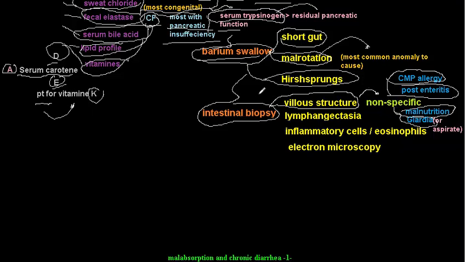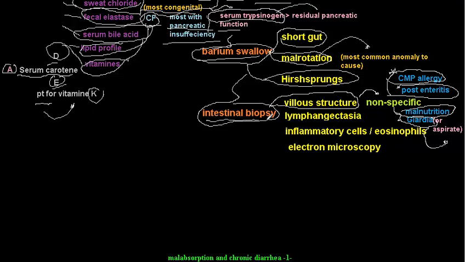All of them may be associated with villus atrophy, because there is inflammation. Giardia infection can also be diagnosed by aspiration from the intestine.